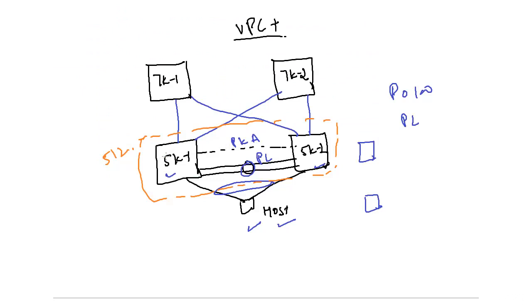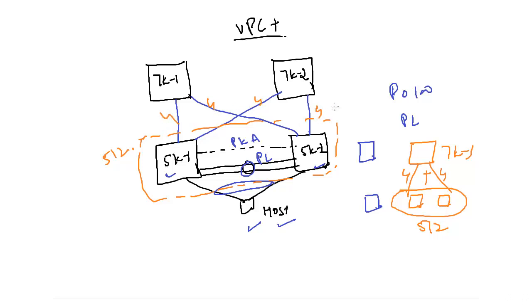All right, so if you see from here, let's say it's 7K1, and these are 5K1 and 5K2. You know that 4 links are connected here, 4 links are connected here. So it is considering both as a single switch named 512 and showing that there are 8 links to reach 512. In this diagram I didn't specify many links, so you can say that there are 4 links here, 4 links here, 4 links here, and 4 here.